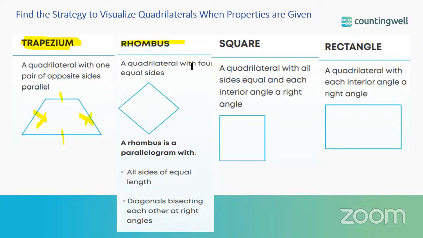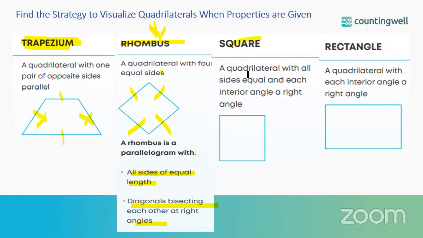A rhombus is a quadrilateral with 4 equal sides. Here you can see these 4 sides are of equal length, but it is different from a square because, in spite of all sides being of equal length, the diagonals bisect each other at right angles. We'll see more properties of a rhombus in our further discussion.